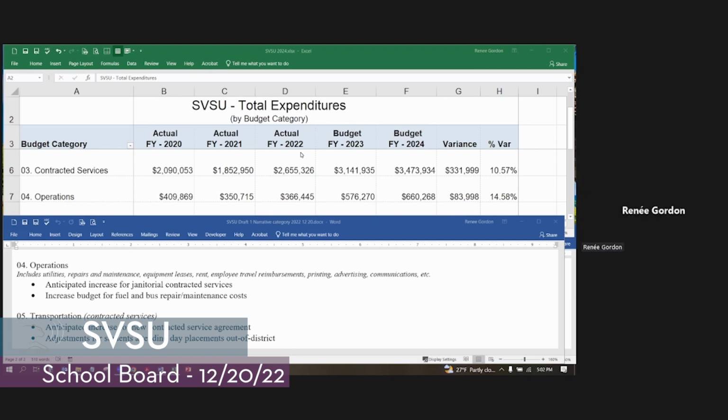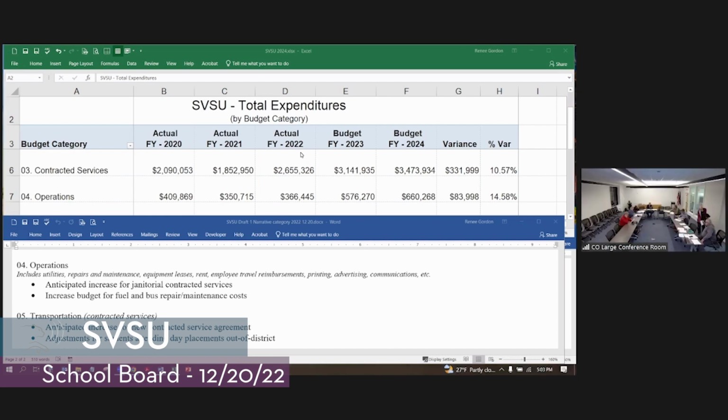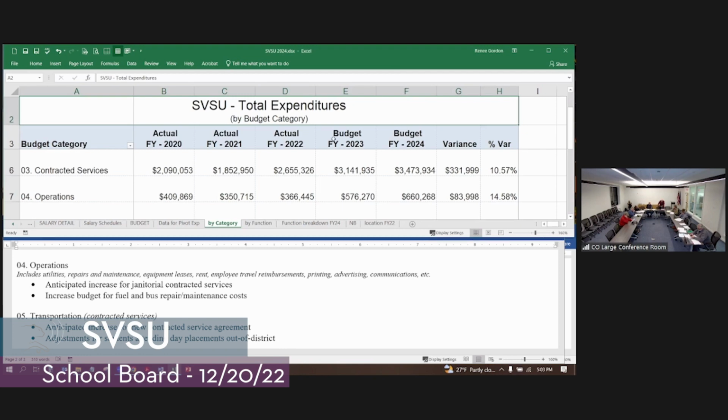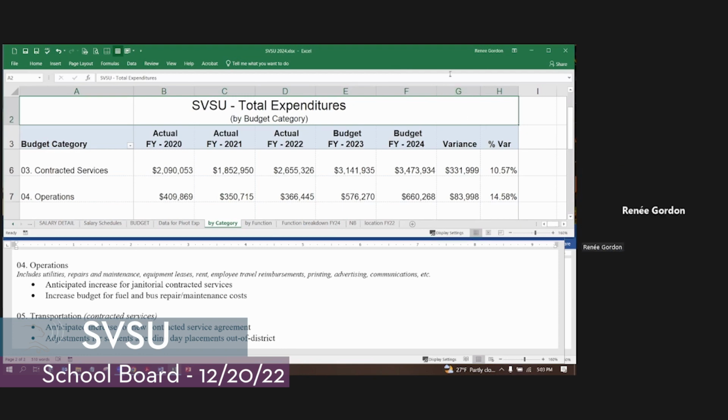That does roll into the contracted services. So the one that I have up now, the budget by category, falls into that 03 contracted services line. And so the difference, why it went from 11,834 to 40,000, is because we contracted effort. He used to receive a stipend through the SU to provide those services.